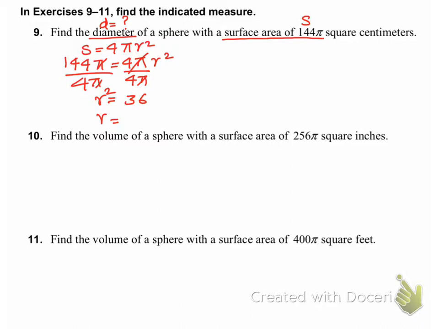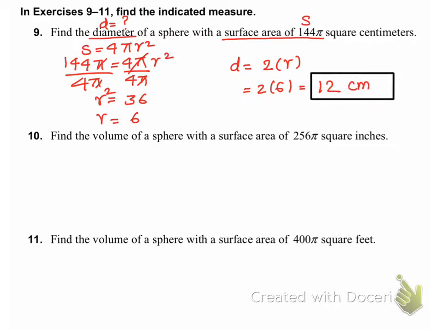Take the square root of both sides, you get 6. So you get radius, but you are supposed to find diameter, so that's going to be twice the radius. 2 times 6, that is going to be 12. Is that a complete answer? No, you have to have the unit here, 12 centimeter. That's your final answer.